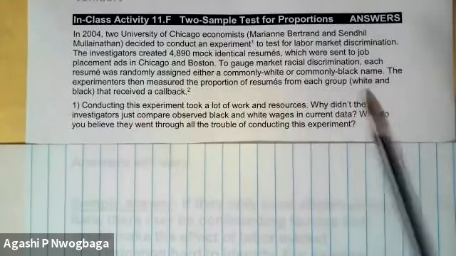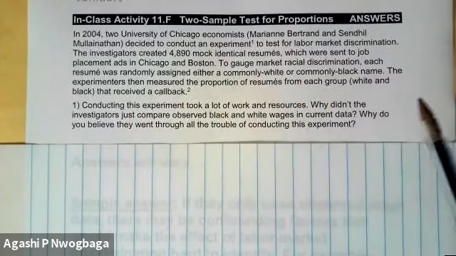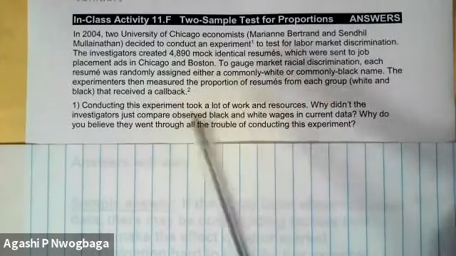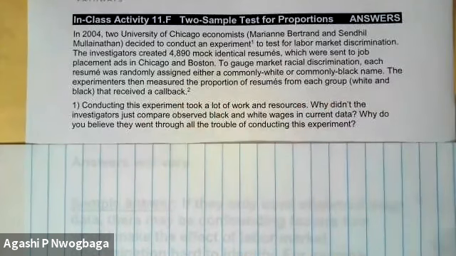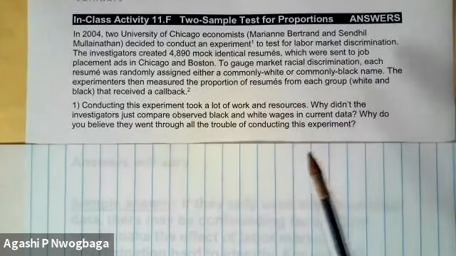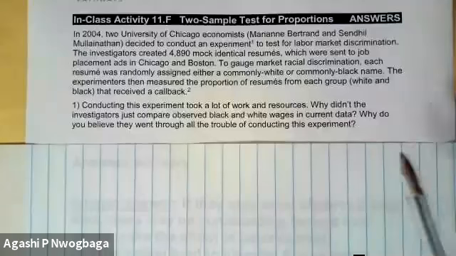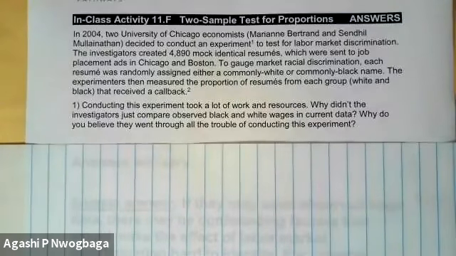To gauge market racial discrimination, each resume was randomly assigned either a commonly white or commonly black name. The experimenters then measured the proportion of resumes from each group, white and black, that received a callback.